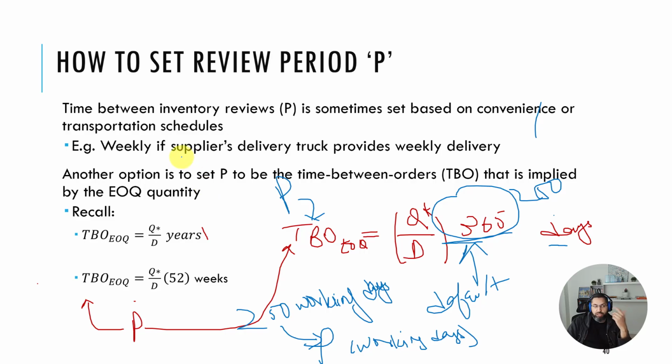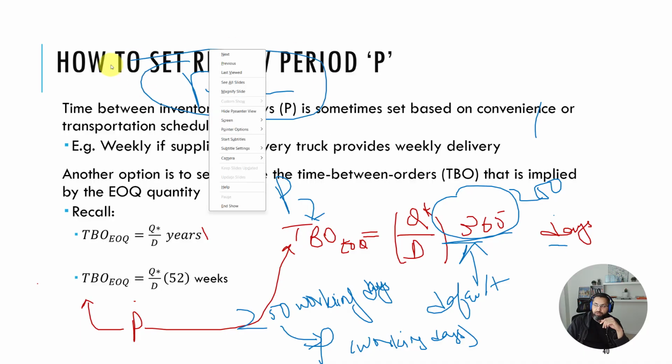Usually we don't like to do that because the lead time doesn't work in working days. Because if your order is on a ship that's sailing, the ship does not stop sailing on the weekend. So the lead time is usually not working days. Lead time is just days. And because you have to do P plus L, P and L must have the same units.